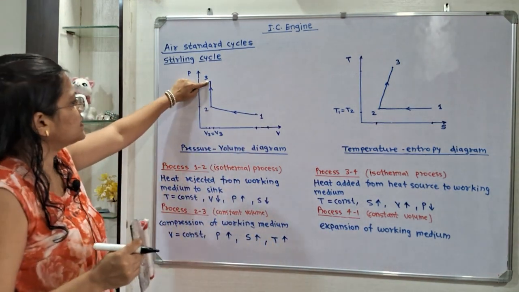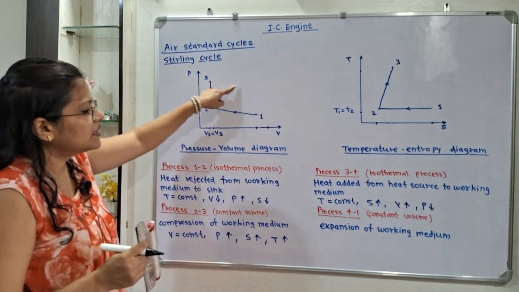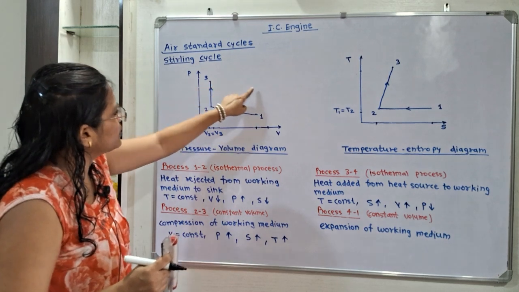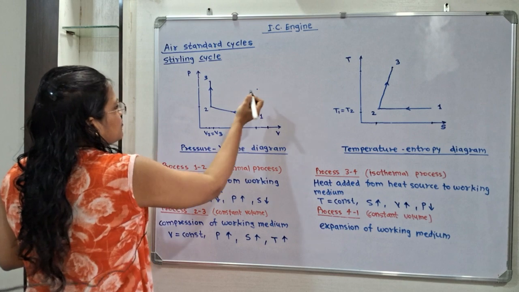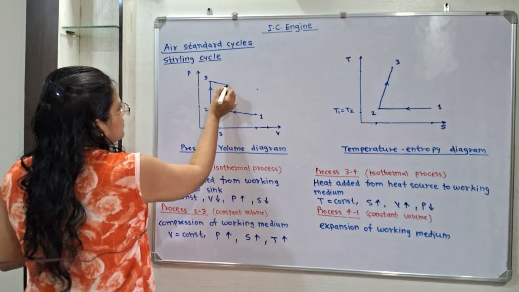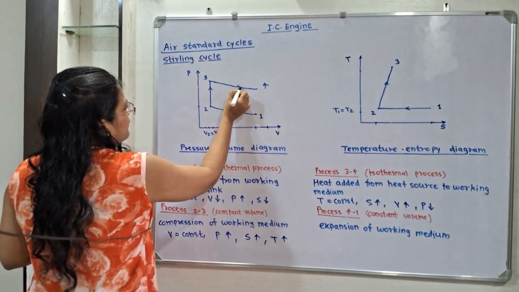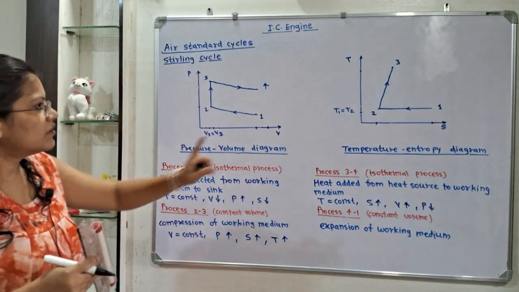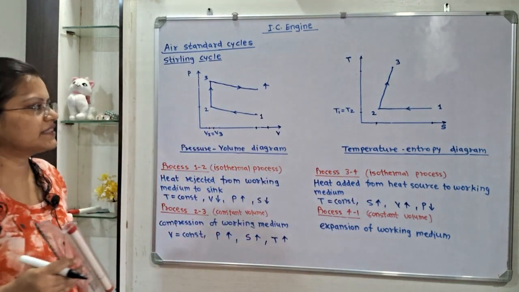So volume increase, we have to show point 4 on the right hand side and pressure is decreased. So we have to show in the downward direction. So I will show here the point 4. So here is the point 4, I will show the arrow. Now temperature remains constant and entropy increases.